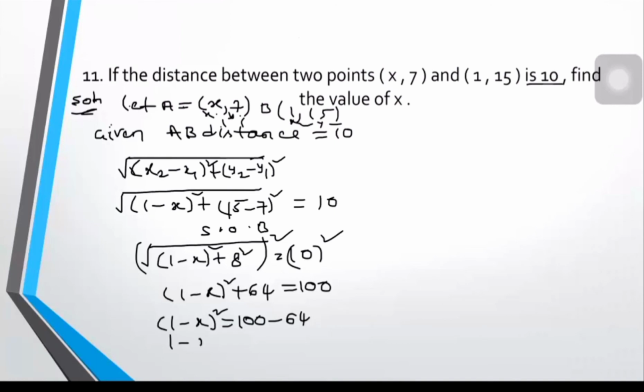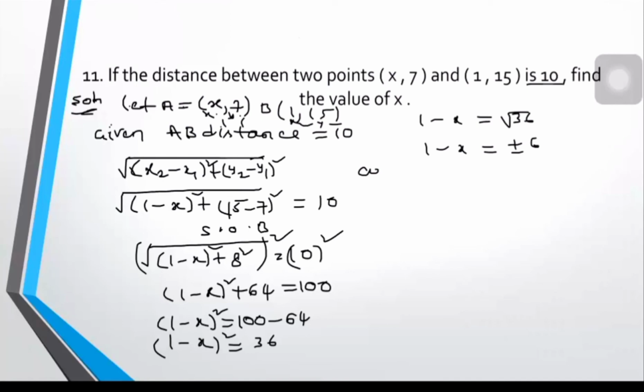So (1 minus x) whole square is equal to 36. Now 1 minus x can be written as root 36, which is plus or minus 6.